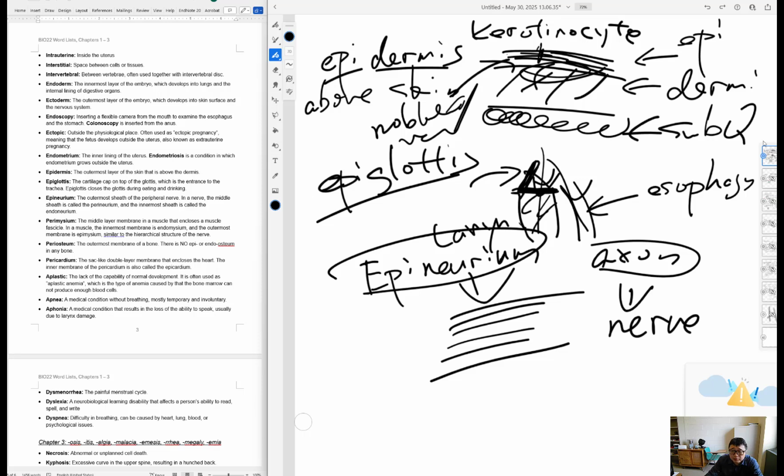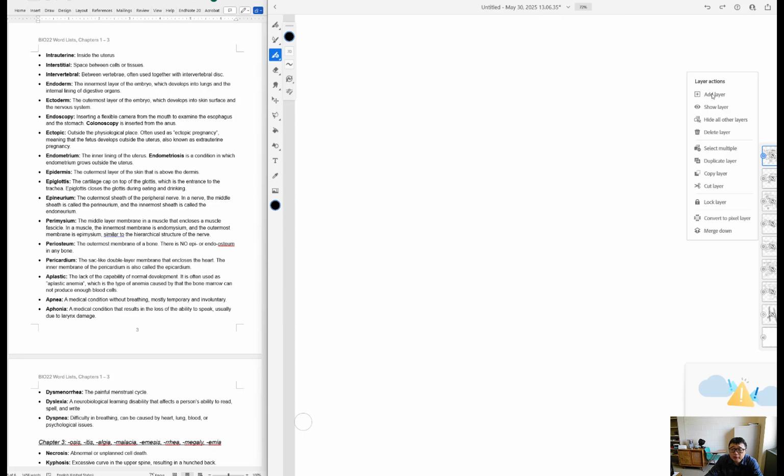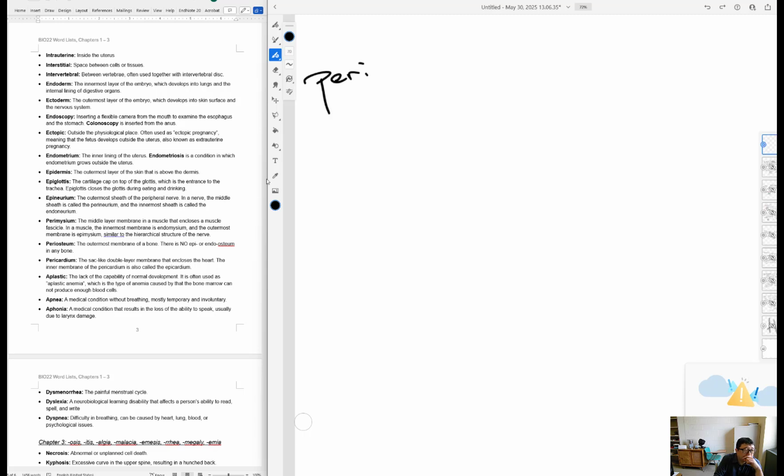Next, let's talk more about this membrane thing. Another one is perimysium. Peri means surrounding something. Mys, in most cases, means muscle, and mysium means membrane.